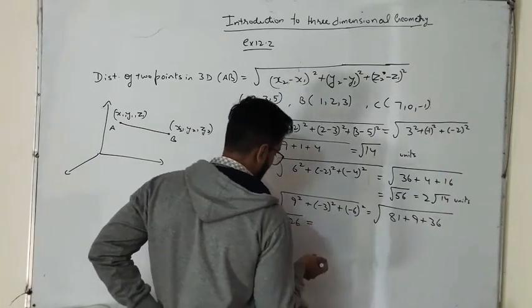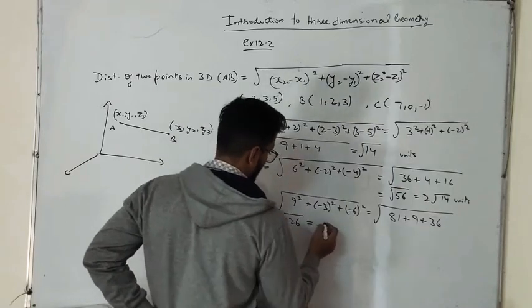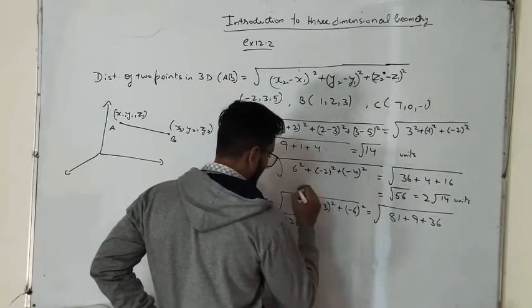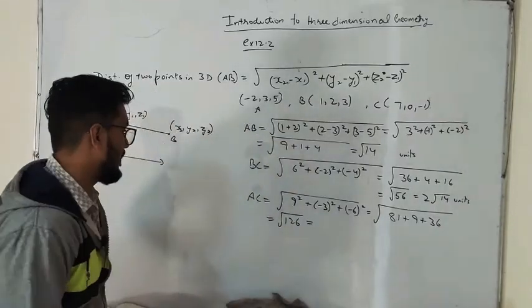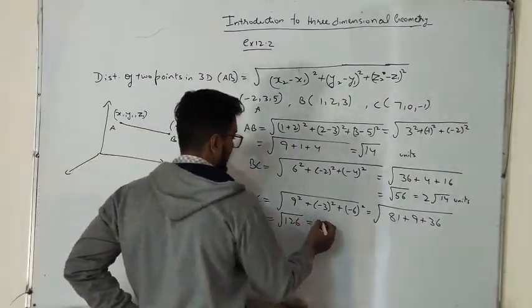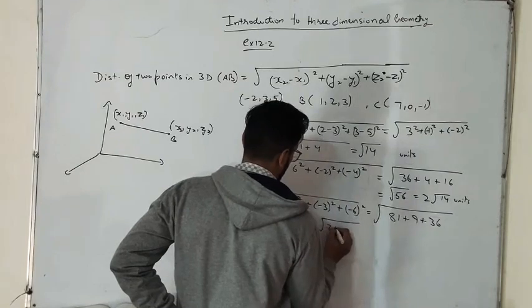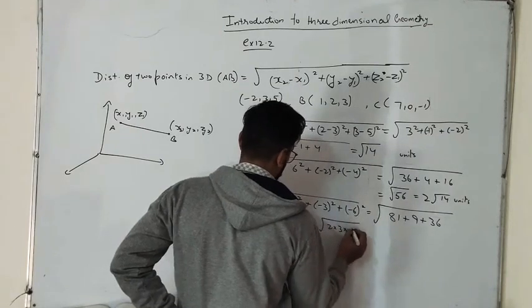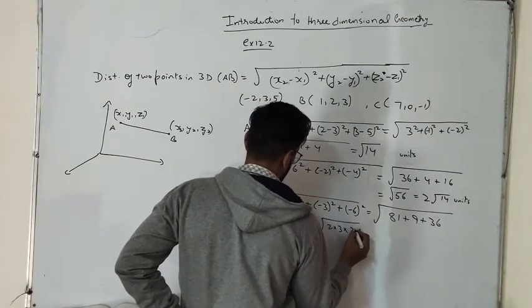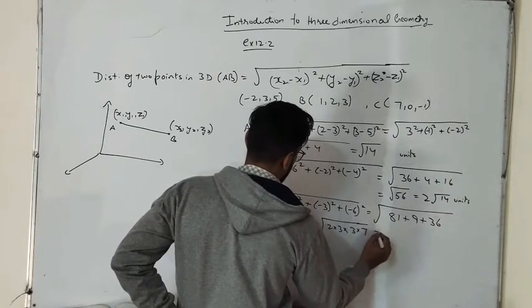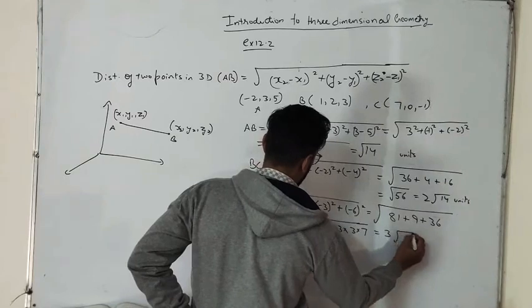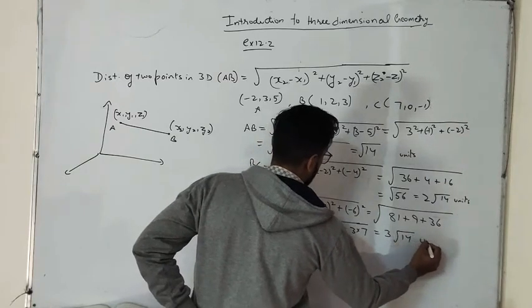Or I can say if I divide it by 6, so 2, or if I divide it by 4, 4. Now what we can do in this, we can divide it by 6, so we can say it is 2 into 3 into 6, 2 times 6, 1 time, 3 into 7, we can say 3 common square root of 14 units.